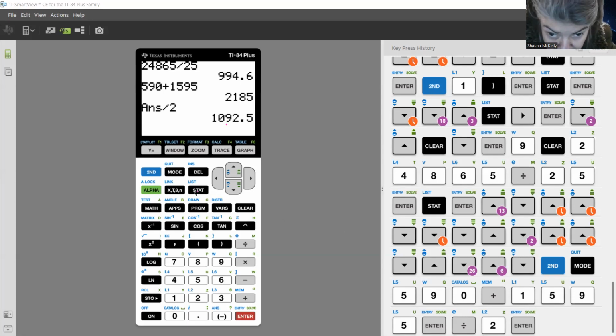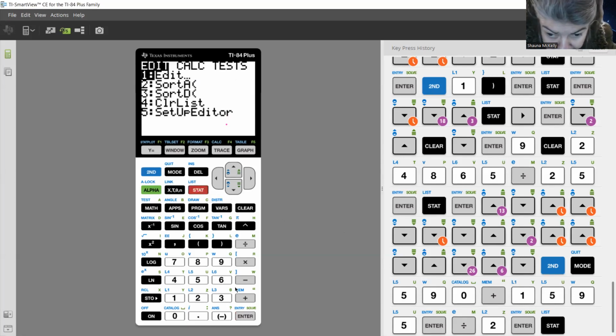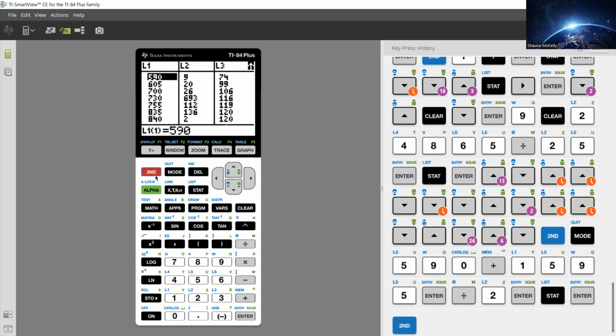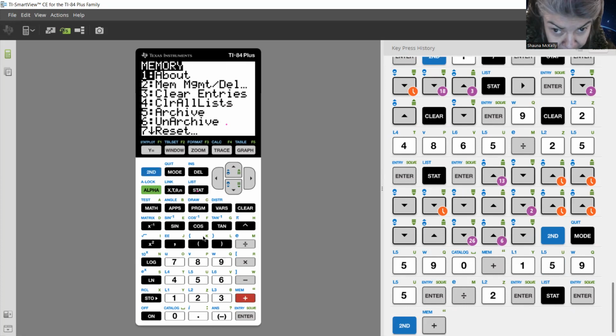So let me now, okay, stat, right? Edit. Now, I don't want all of this data in here. So I'm going to use this other trick that I showed you. You can clear them individually, but if you have multiple lists in your calculator, you can go second, which is under the Y equals key next to mode, second, memory, which is on top of the plus sign, and number 4, clear all lists.